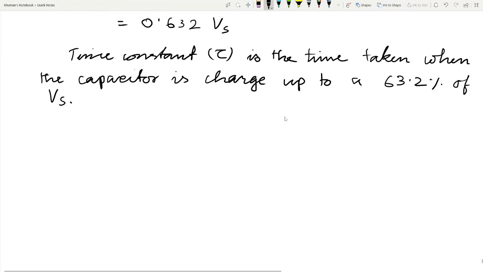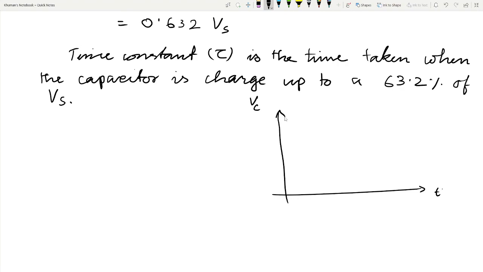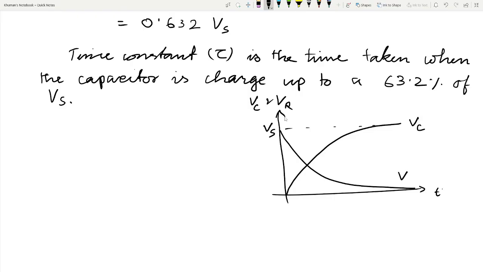Okay, so now we can draw the plot. This is t and this is VC and VR. So here the capacitor is charging. Okay, this is Vs and the resistor is discharging. See, this is VC and this is VR.